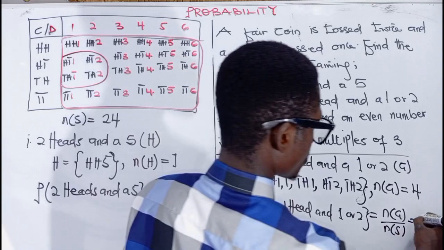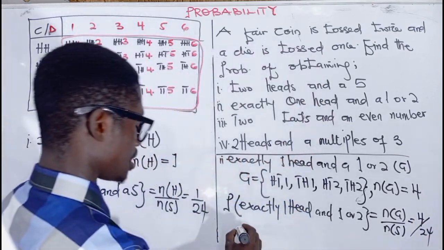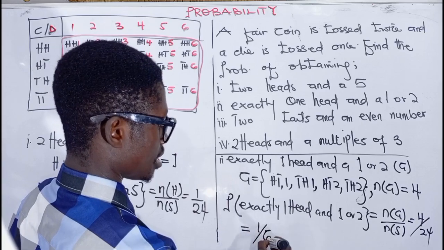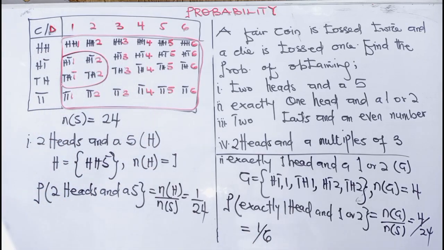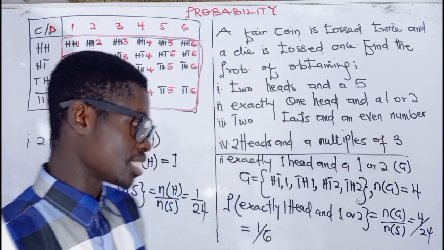So we have 4 all over 24, and that is going to give us 1 all over 6. Very, very easy. Let's look at the probability of picking 2 tails and an even number.